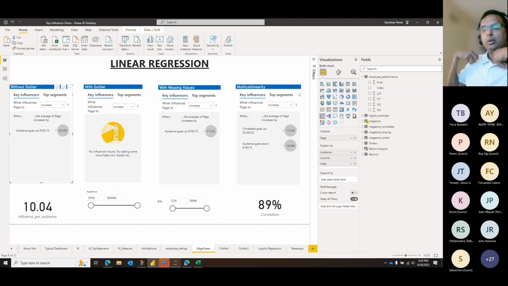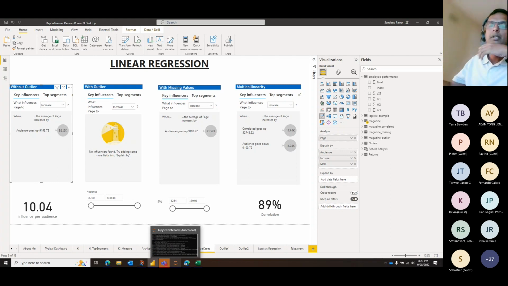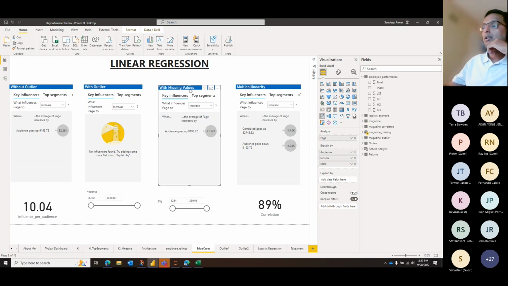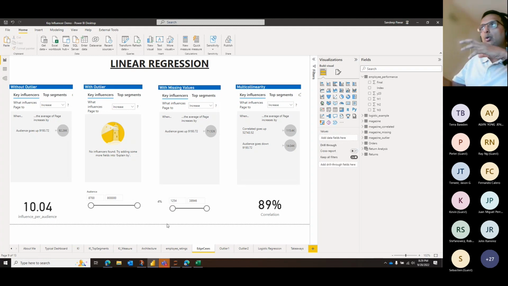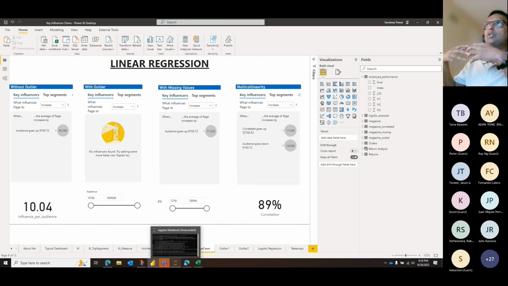Outliers meaning some data that does not make any sense, like a million where the age is a million, or something like that. I also added some missing values in the data and some multi-collinearity in the data just to test how robust the key influencer visual is.